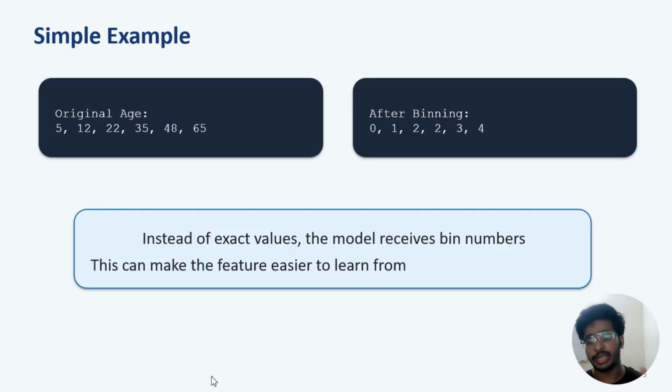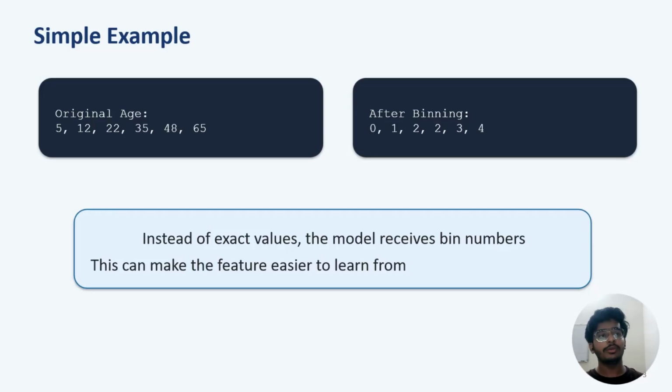Similarly, ticket fare prices, which can be of railway, airline, or anything, can be converted into categories like low fare, medium fare, high fare, or bin numbers like 0, 1, 2, 3. This makes the data simpler for some models to understand.